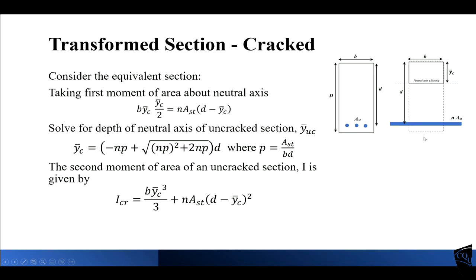The next one is a cracked section. Cracked section means the concrete has cracked. So let's say below this line everything is cracked. The neutral axis means below that is tension, above is compression.